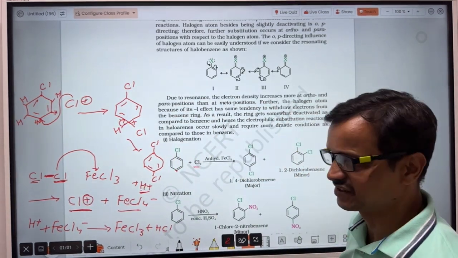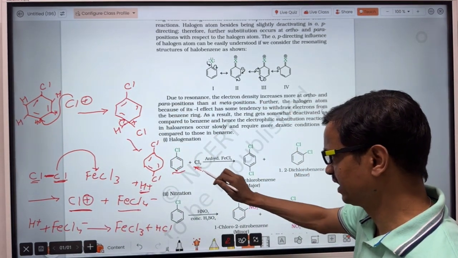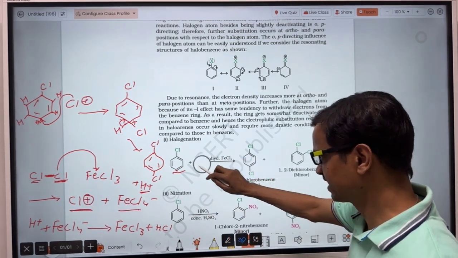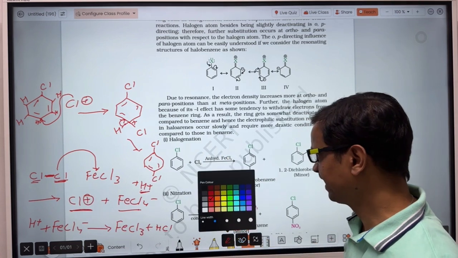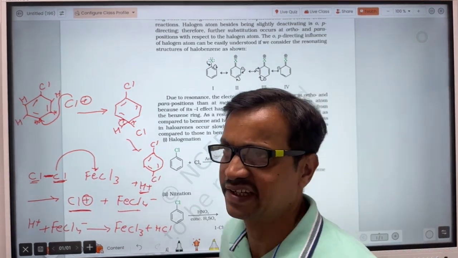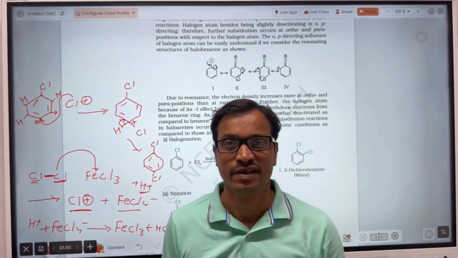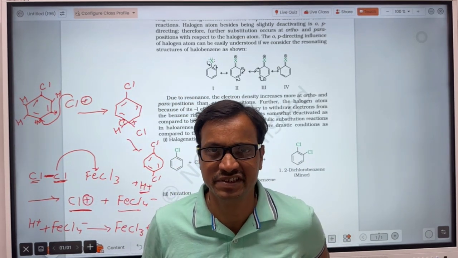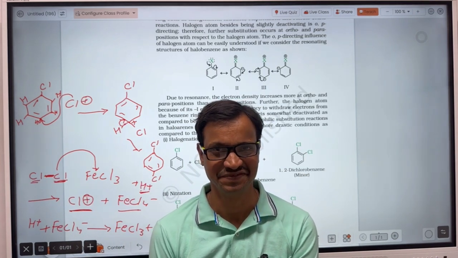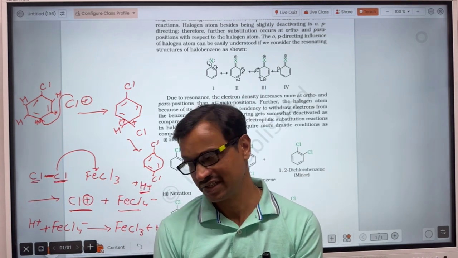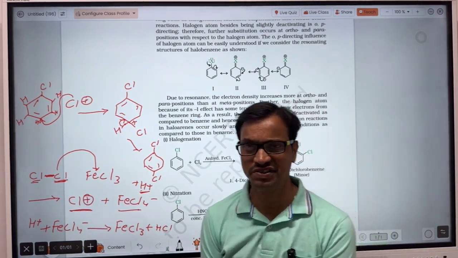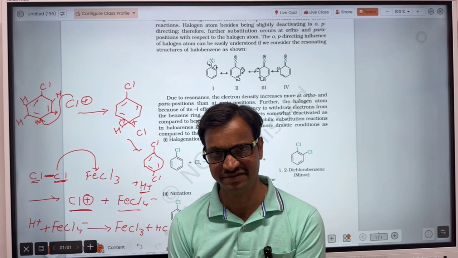So the overall reaction is chlorobenzene reacting with chlorine in the presence of anhydrous FeCl3. In place of anhydrous FeCl3, there may be any other Lewis acid also. In short, when you do reactions for the NEET or main examination, there will be a lot of reactions, and you can only mug up so many. So it is better to understand and fix in your mind how the reaction is taking place.